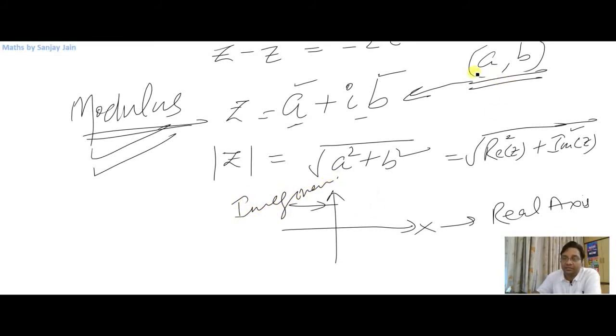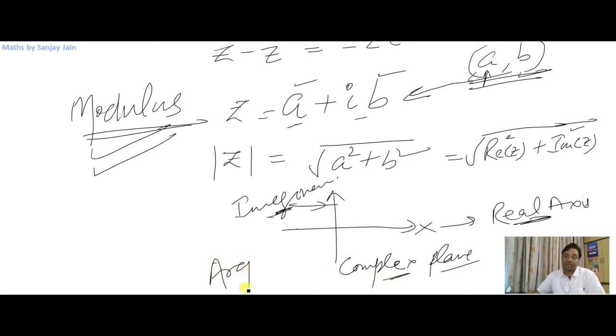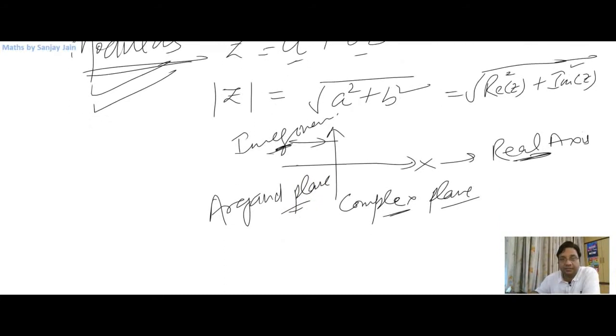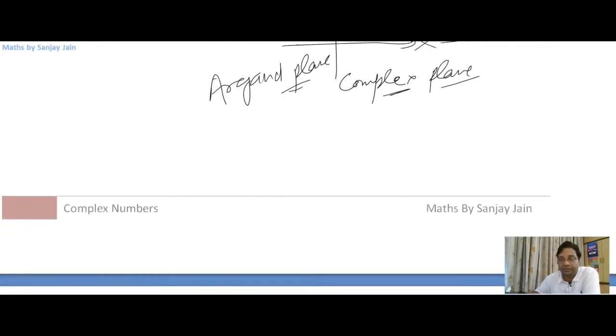So these coordinates are like the coordinates in the Cartesian coordinate system. Only the names are different. This is the complex plane. There are some similarities, but this is different, right? We also call it the Argand plane. We will discuss it in the next lecture, but I just gave you a glimpse of it.